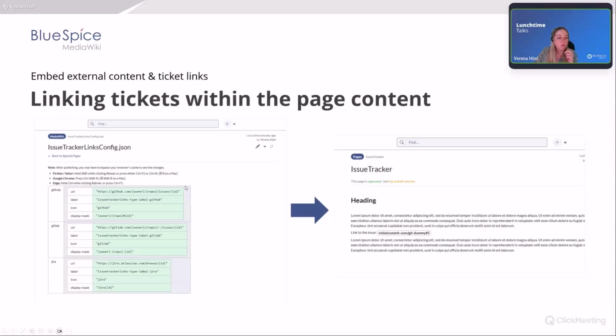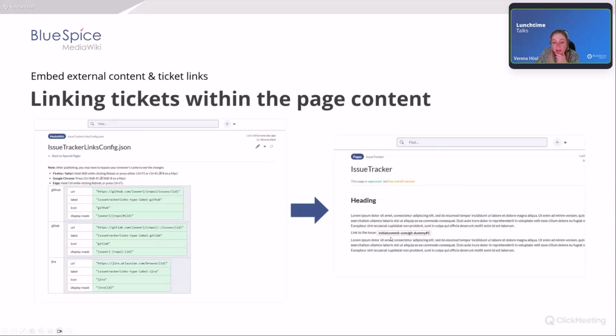The important one is that you define the URL over here. And the second most important thing is the display mask, because this is this automatic recognition of a pattern, which I mentioned previously. I also inserted here a little example of how this looks.